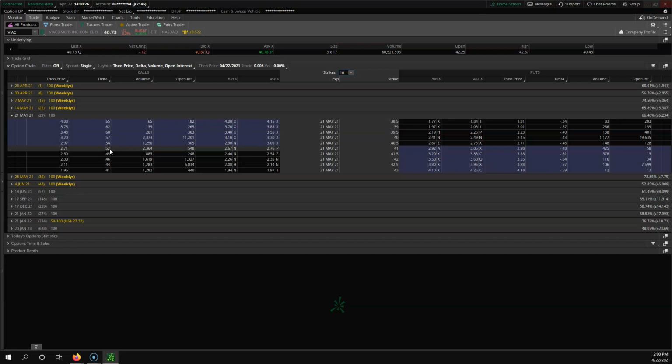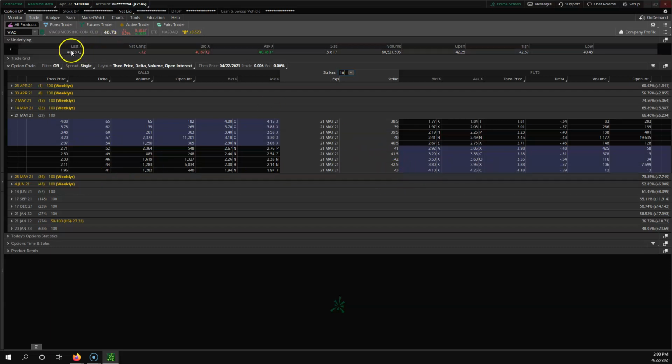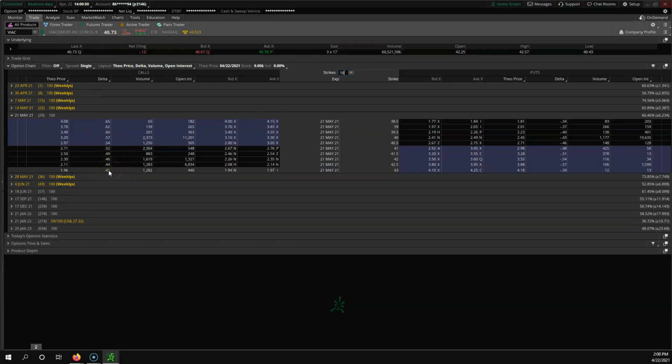Now, implied volatility also falls into all this, but just to keep it simple, the delta usually at the money is going to be about a 50 delta, right? So if we come all the way out of the money to the 43 strike price, right? And we're at 40.73. We're about $2.27 out of the money. Well, that has a 41 delta, right?